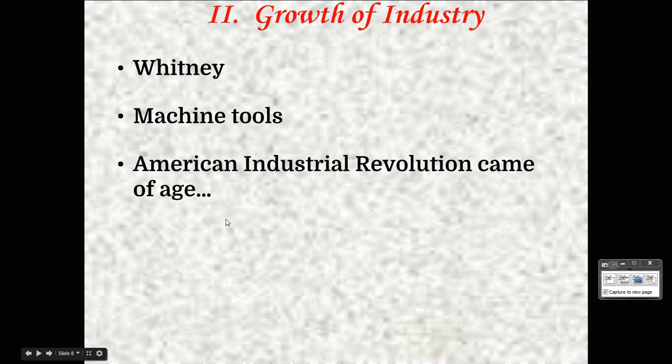In fact, in 1851, there is the very first World Exposition, and it's held in London because that's where the Industrial Revolution was centered. And several American products are going to be there. Namely sewing machines, locks, Yale locks, and guns.